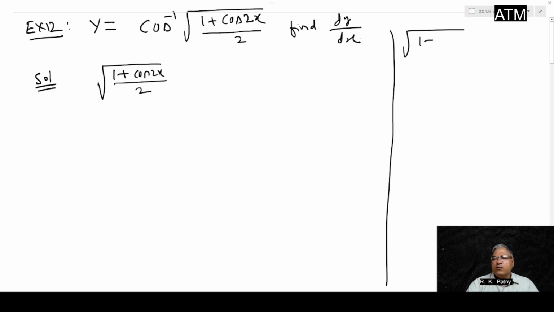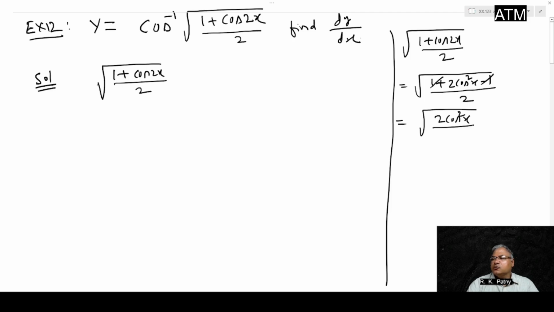Under root of (1 plus cos 2x) upon 2 is equal to, since 1 plus cos 2x is nothing but 2 cos square x, the square root of 2 cos square x upon 2.